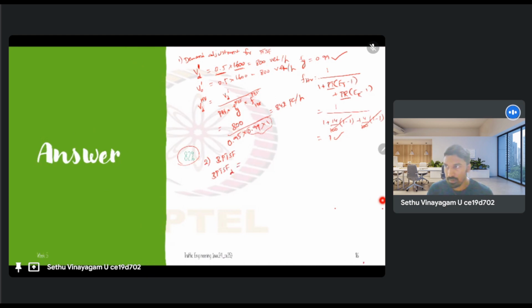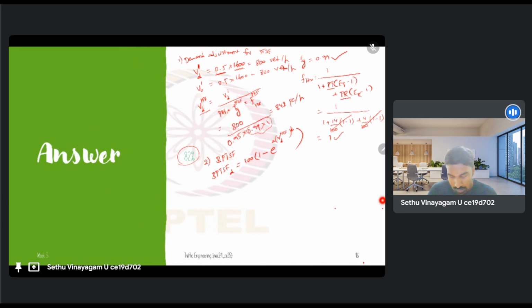That is nothing but 100 into 1 minus e to the power a into VD for PTSF raised to the power b. Okay, so we use this adjusted demand for PTSF, that is VD PTSF, and then use this equation. So that gives us the base PTSF value.